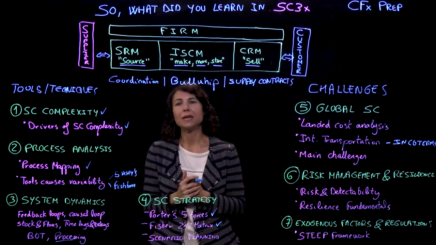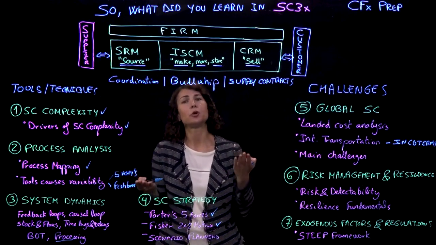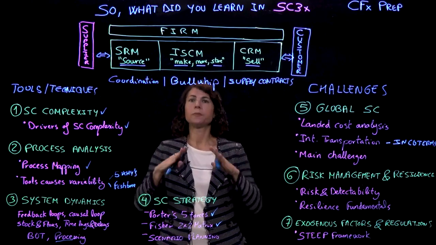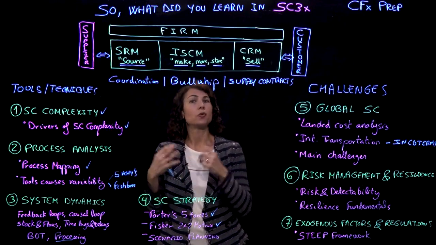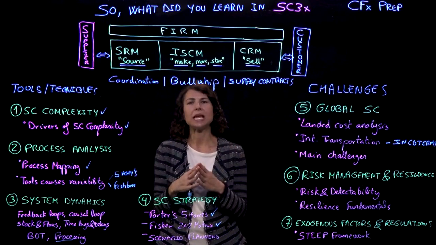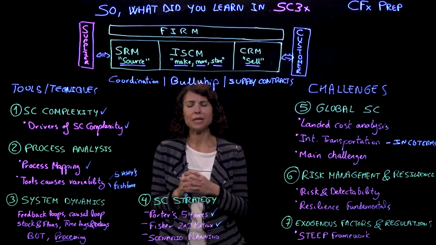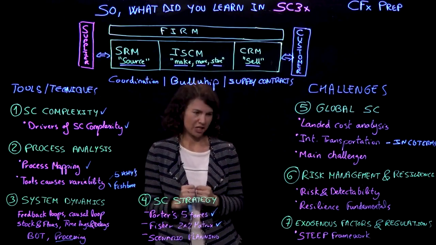And we also review the main challenges in international transportation, the pros and cons of using different modes of transportation like air, ocean, or road transportation. And we also review the main payment methods in global supply chain.